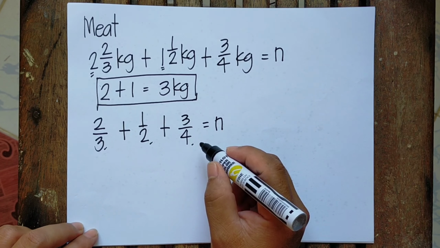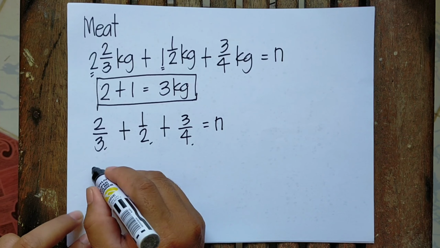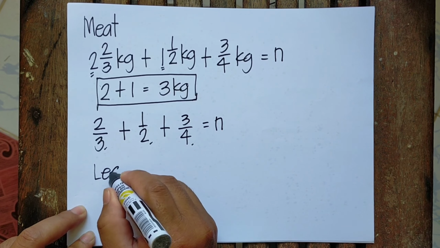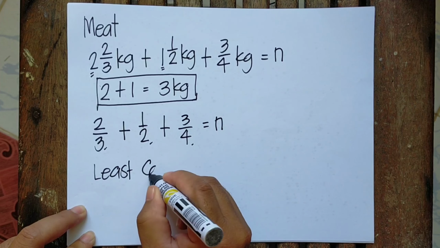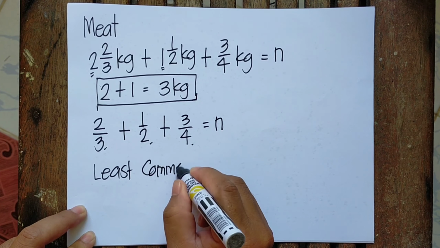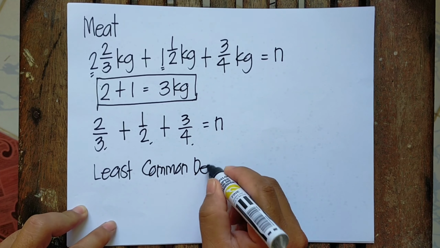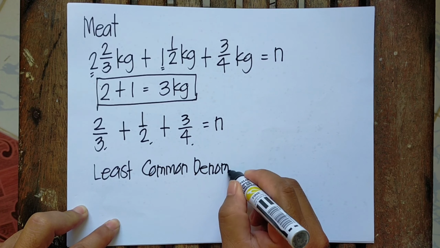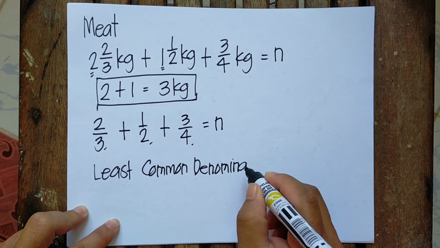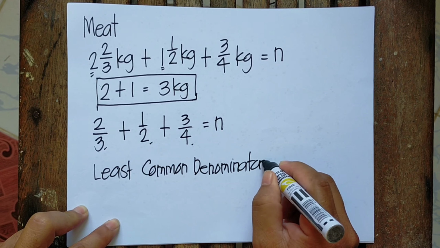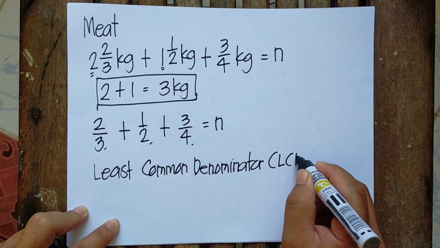In order to do that, we have to find first the least common denominator, or the LCD.